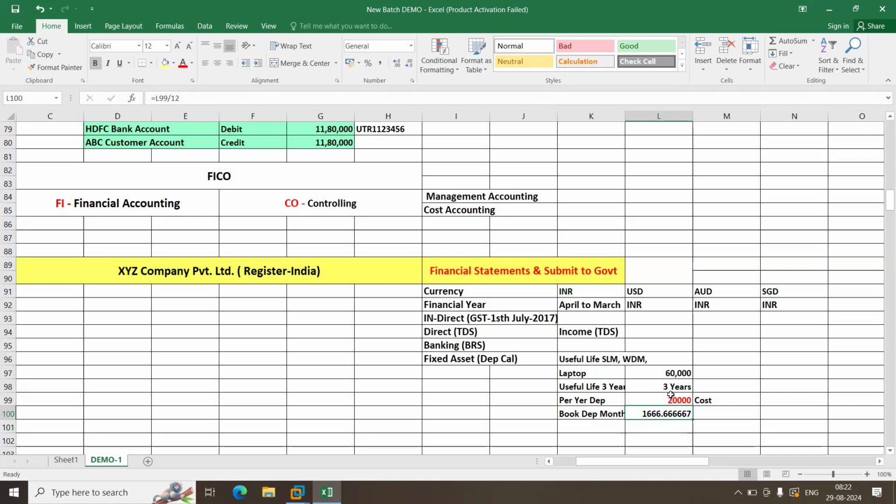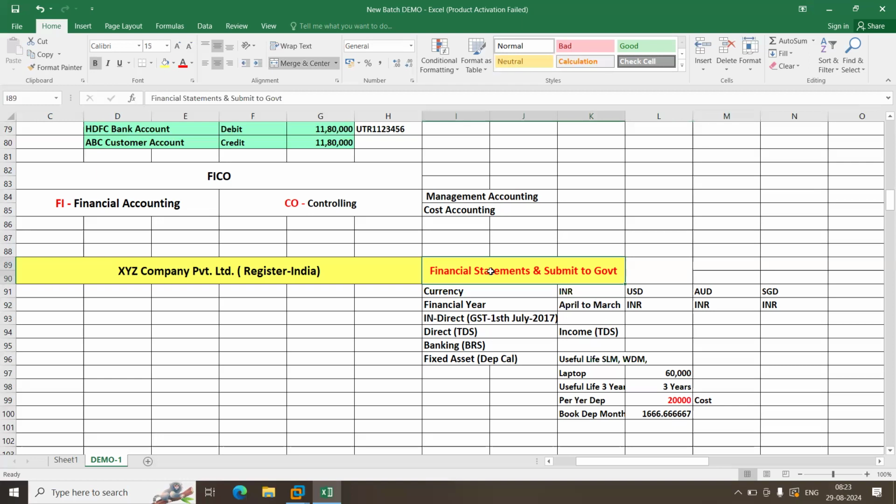So if you book this cost at the end of the financial year, what will happen? As per government requirement, we are going to prepare the financials. April to March means you book the depreciation cost in the last month of the financial year, the 12th month, and we submit to the government, fine. But internally also, these financials are very important for the management.